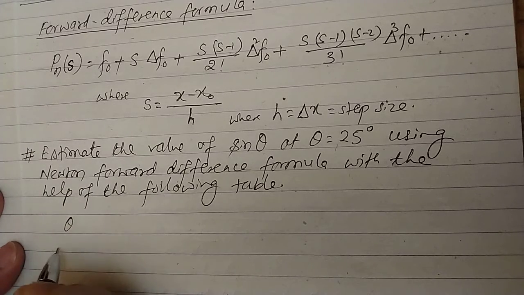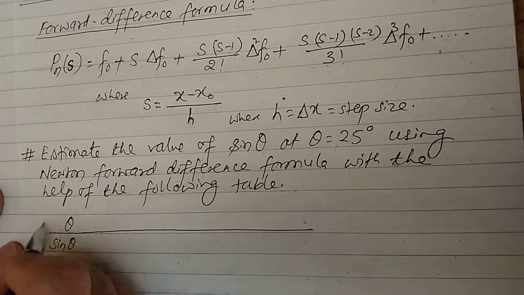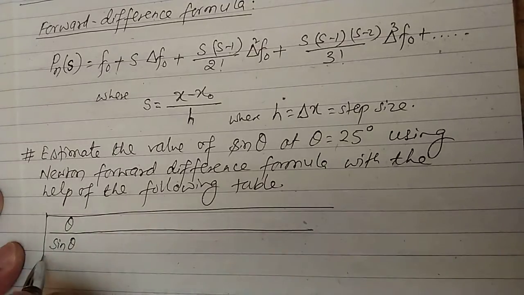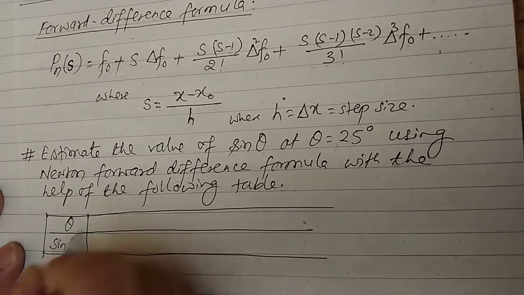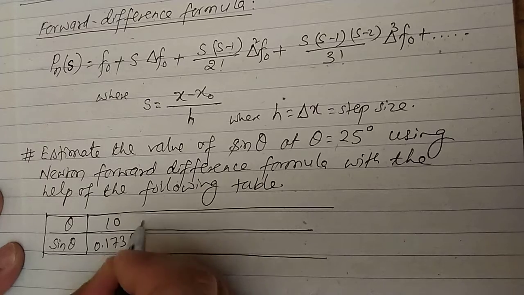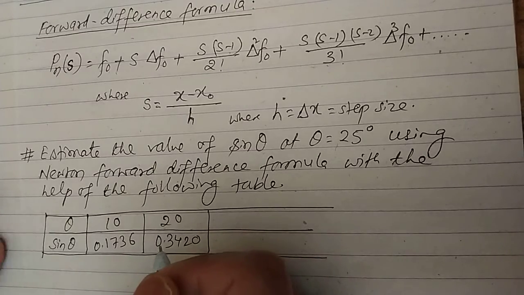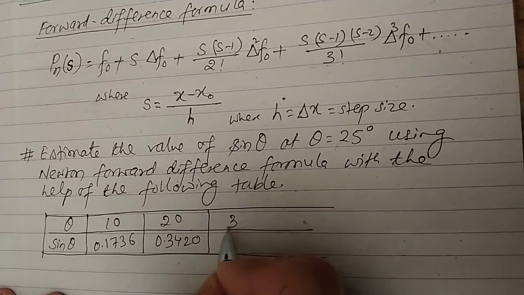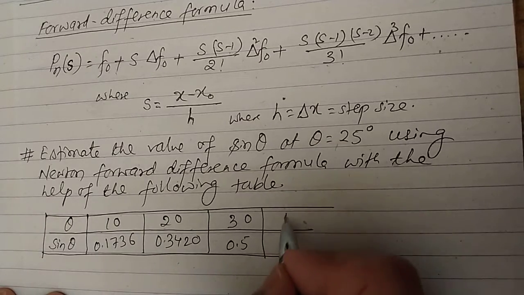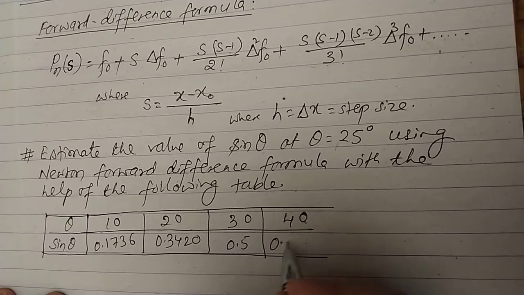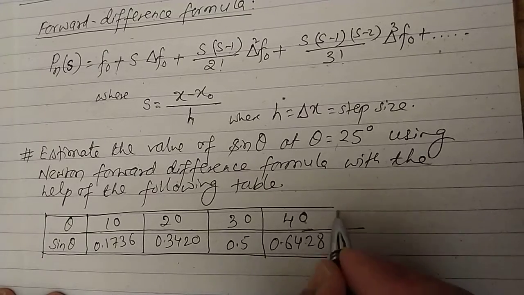So instead of x and fx, here it is given theta and sine theta. Notation is changed, it doesn't matter. At 10, we are given 0.1736. At 20, 0.3420. At 30, 0.5. At 40, 0.6428.